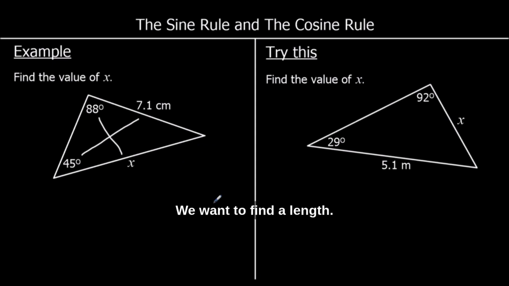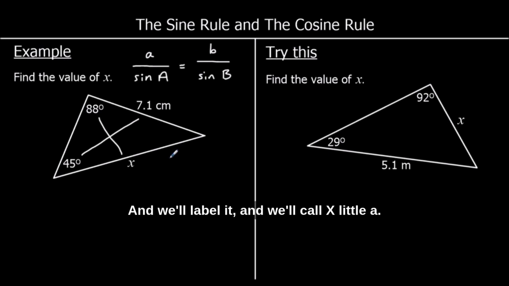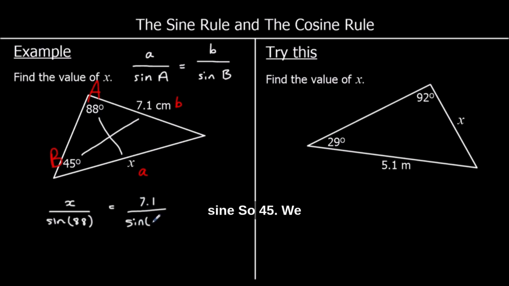We want to find a length, so we put the lengths on top. So we're going to use a over sine A equals b over sine B. And we'll label it, we'll call x little a, opposite that's big A, and 7.1 can be little b, and opposite that big B. So substituting in, we're going to have x over sine 88 equals 7.1 over sine 45.